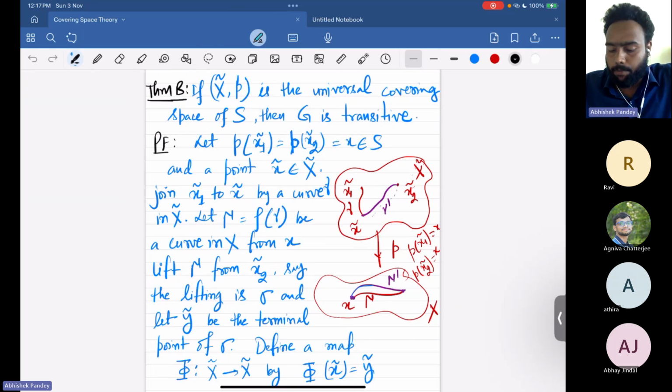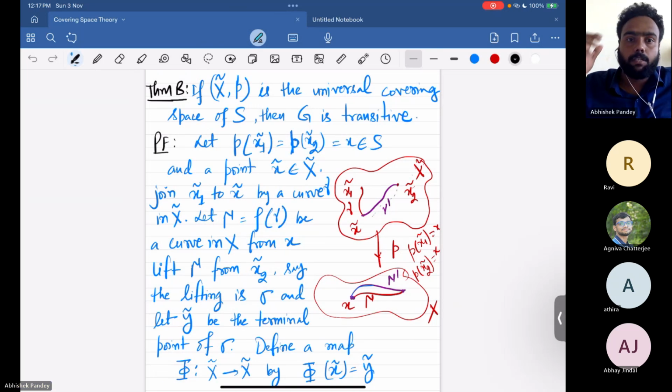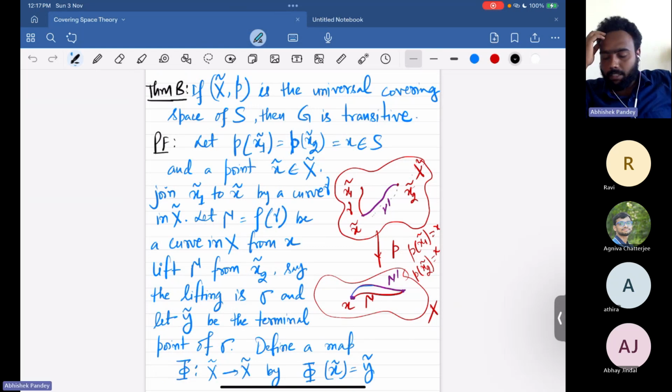I will repeat this idea of the proof in some of the other theorems also. But what is the guarantee that such a curve will exist? Can anyone tell me?